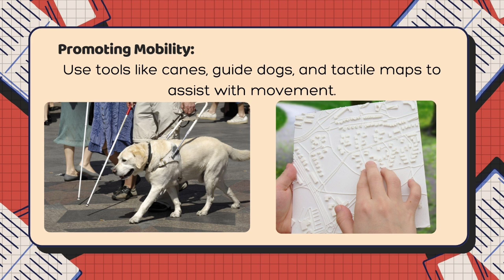So next is using tools like canes, guide dogs, and tactile maps to assist with movement. So as we all know, canes katong puti gani. Katong ikuan na to sa ground nga siya for blind people, makakita na to siya usually with them. Then next is guide dogs. So as you can see in the picture, this is mostly common in the UK and also in the US.